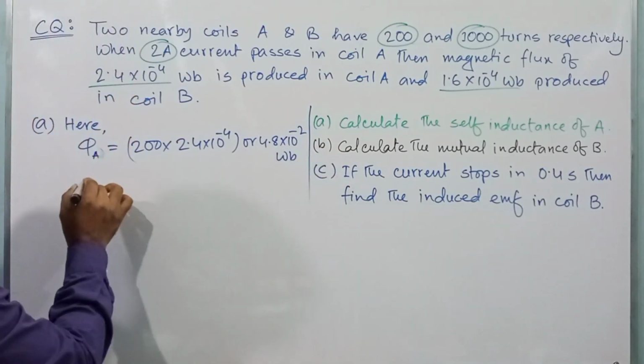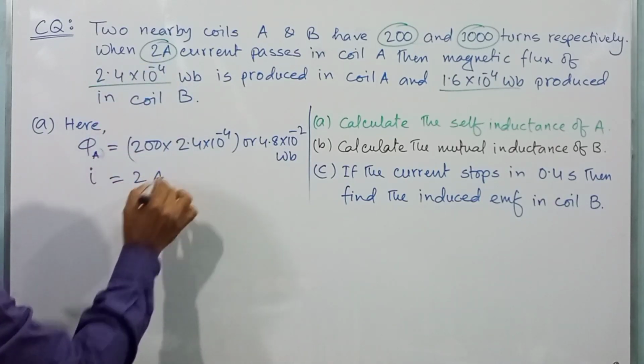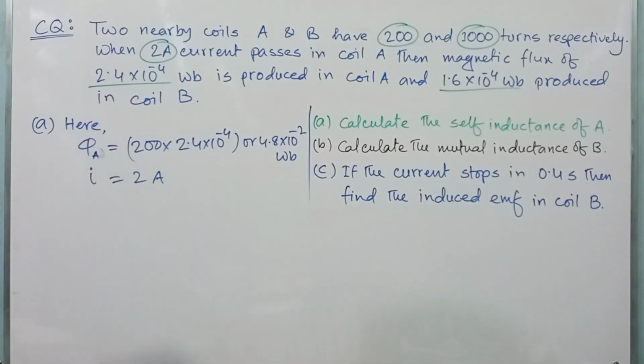And current in the primary coil is 2 ampere.